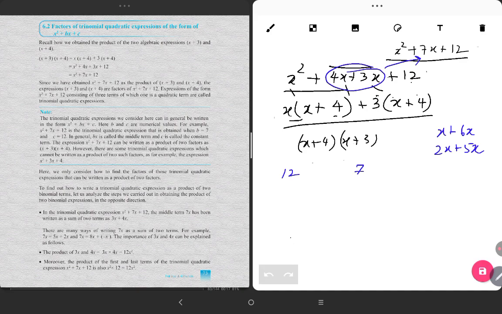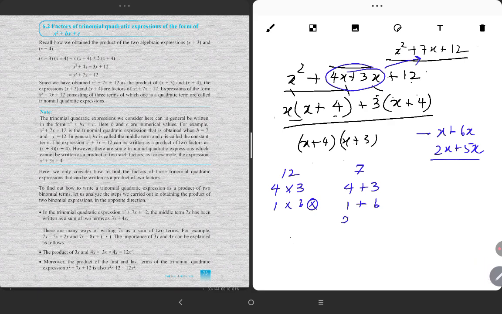So if I take 4 and 3, I can write 7 as 4 plus 3, and I can write 12 as 4 times 3. But if I had chosen 1 plus 6, can I write 12 as 1 times 6? That is not the case, right? So this doesn't work.